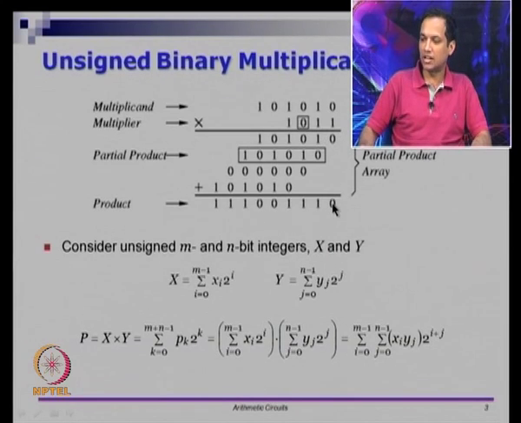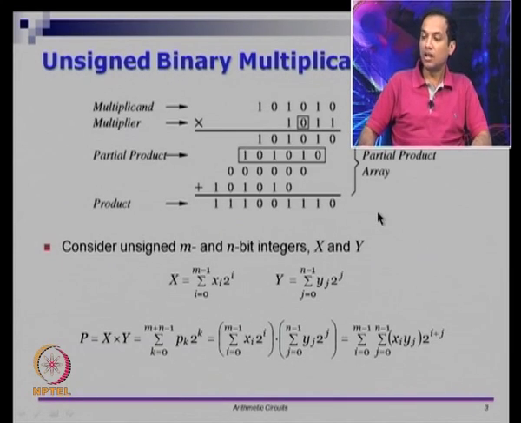You take 0, so that is 0 itself, 1 plus 0 is 1, 0 plus 1 plus 0 is 1, 1 plus all zeros is 1, then 1 plus 1 is 0 carry over 1, 1 plus 1 is 0 carry over 1, 1 plus 1 plus 1 is 1 carry over 1, then 1 plus 0 is 1 and 1 itself. So, this is the product of these two numbers. I believe this is 10 plus 32, that is 42, 42 into 11 I think. So, this times this gives me this result.